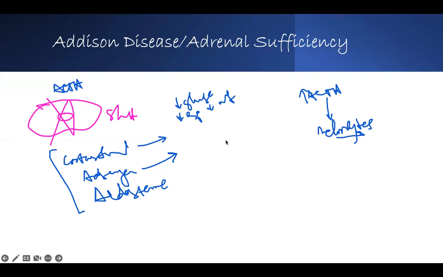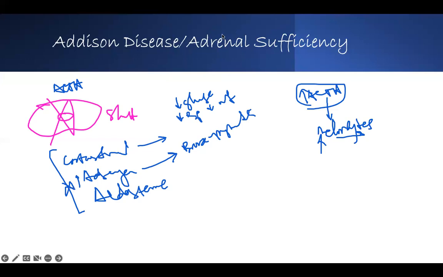So even if these people are Caucasian, they have more melanin, and that's why they have a bronze-like pigmentation. It's because ACTH is increased. They don't have any corticosteroid or aldosterone, and the ACTH that is produced is now acting on melanocytes, making this pigmentation. This is how they can trick you.